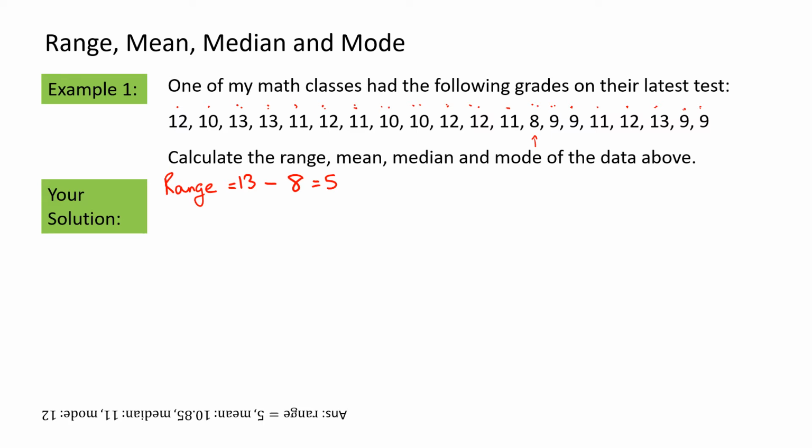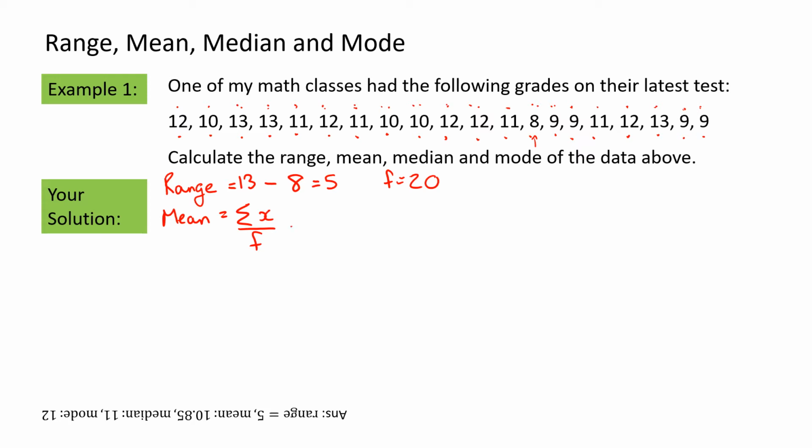My mean is equal to the sum of all of these terms divided by our frequency. Well, if we count them, we have 1, 2, 3, 4, 5, 6, 7, 8, 9, 10, 11, 12, 13, 14, 15, 16, 17, 18, 19, 20 for our frequency. So I'll write F equals 20.